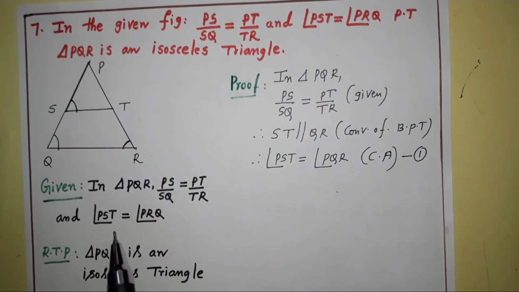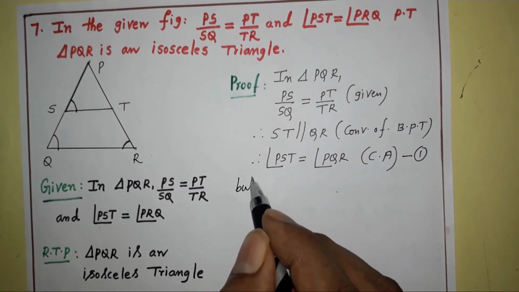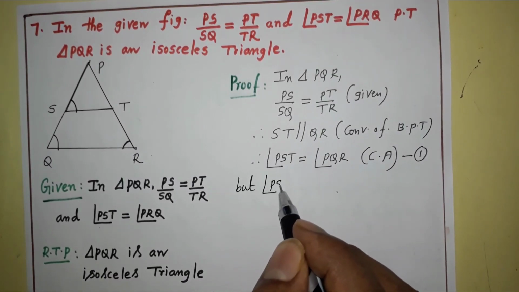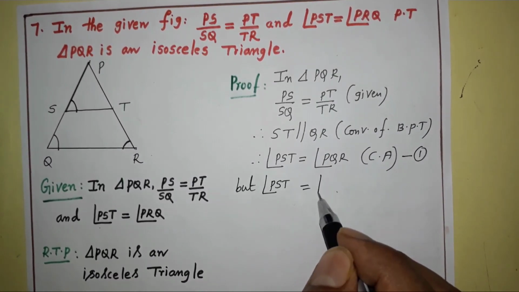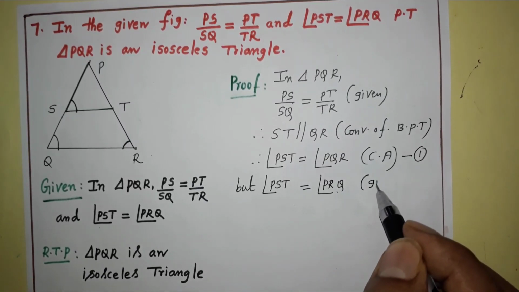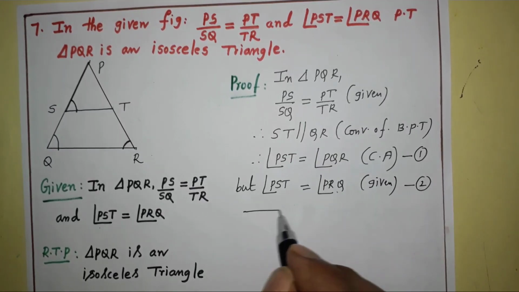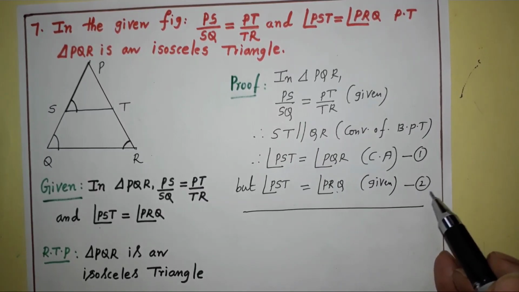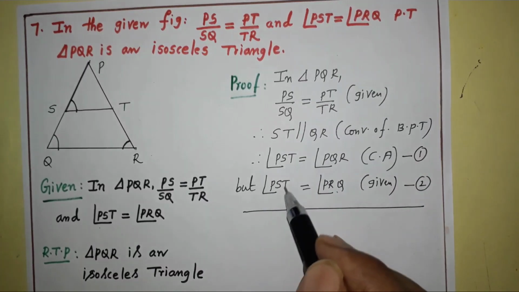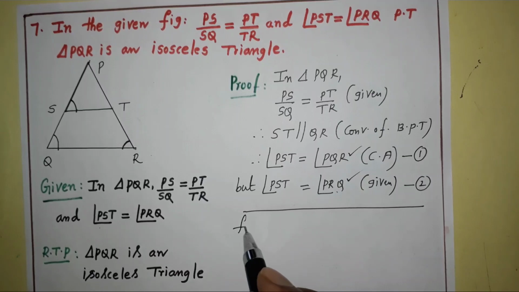But in given, angle PST is equal to angle PRQ. That is given. Take it as second equation. Observe the two equations. Their left hand sides are equal, so automatically their right hand sides are equal.